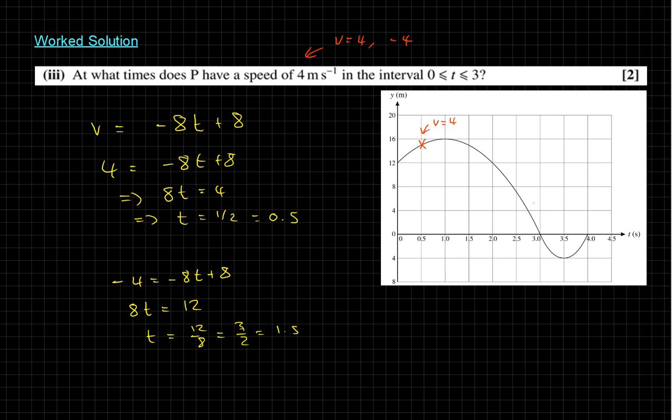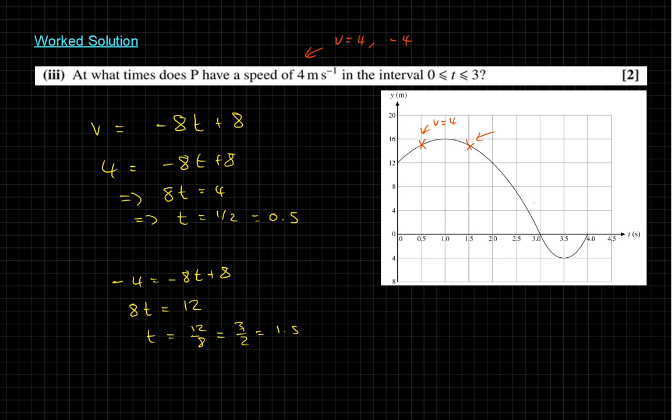Okay, and you can't tell that from the graph, right? You can't read off 4 anywhere on the graph because this is a displacement time graph, not a velocity time graph. We got this v equals 4 from using calculus and knowing the equation of the graph. 0.5 has velocity 4, and apparently from calculus 1.5, that's here, isn't it, also has velocity 4.